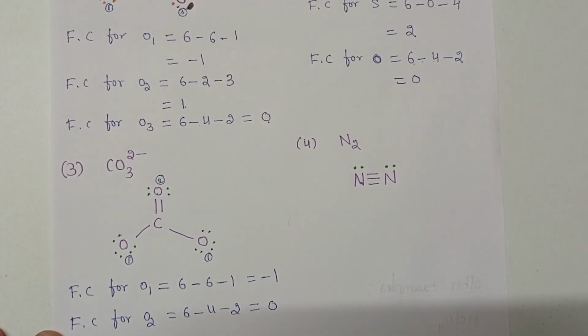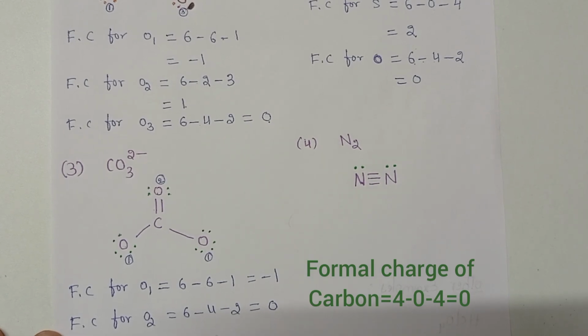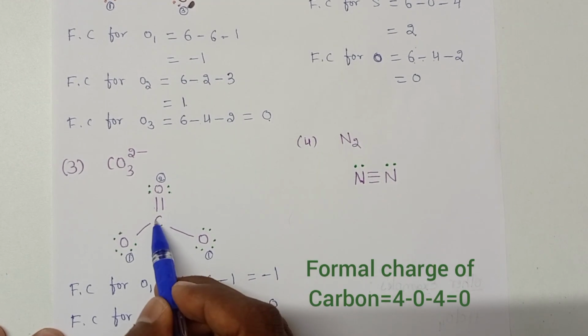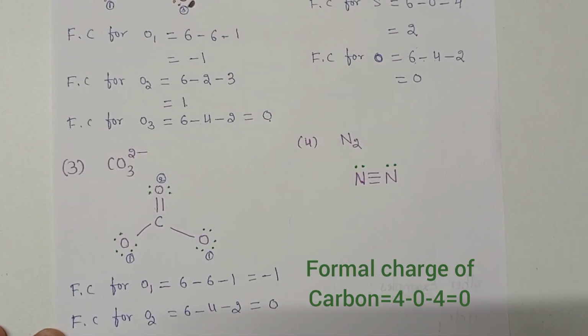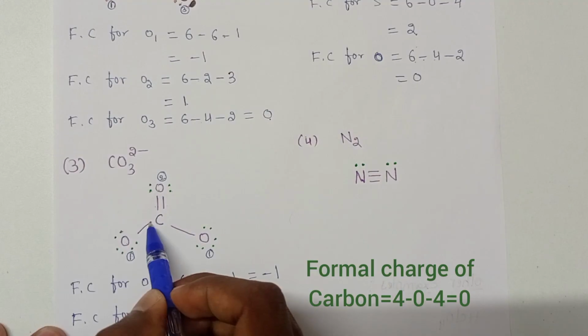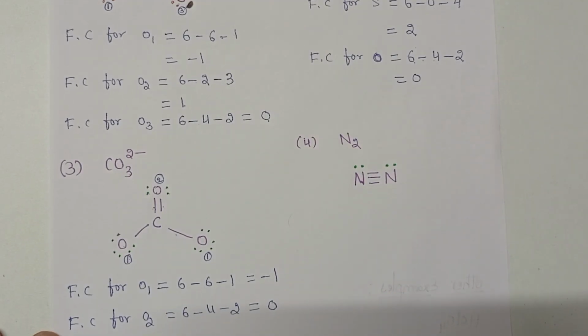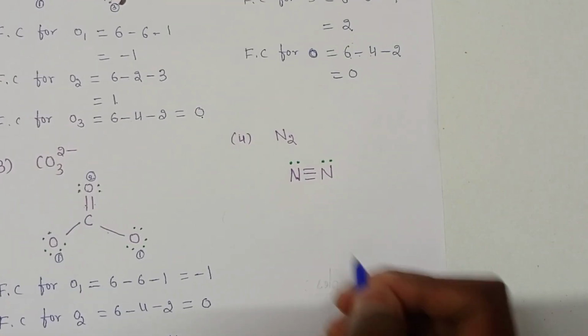Similarly, the formal charge for carbon is the valence electrons of carbon, how much? 4, minus number of lone pairs on carbon, how many? No lone pairs, therefore 0, minus number of bonds, that is 1, 2, 3, 4. Therefore the formal charge of carbon is 0. Similarly, take another example, N2.